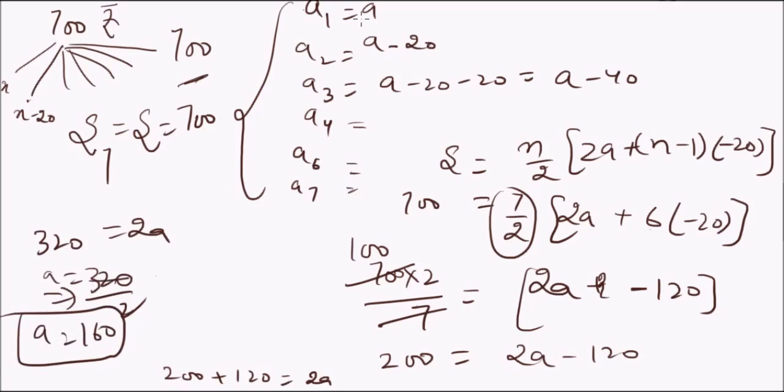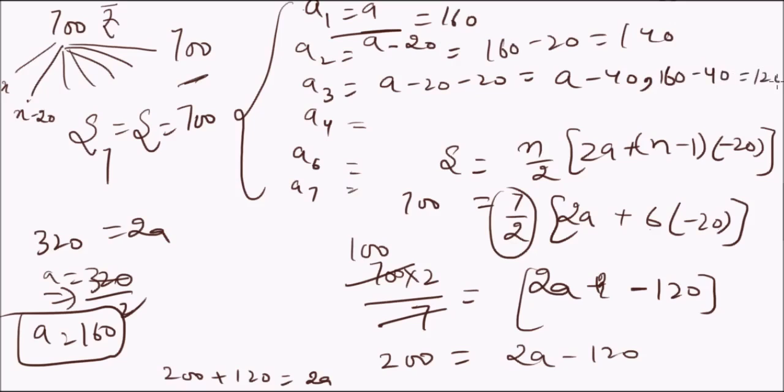Now if a is 160, then a2 will be 160 minus 20, that is 140, and a3 will be 160 minus 40, which is 120.